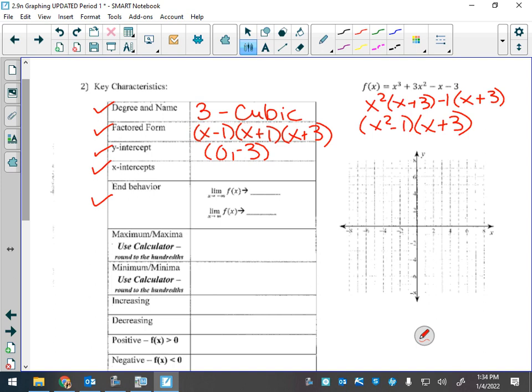Son? -1, +1, and -3. Good. What is my end behavior? As x approaches negative infinity, where is y?